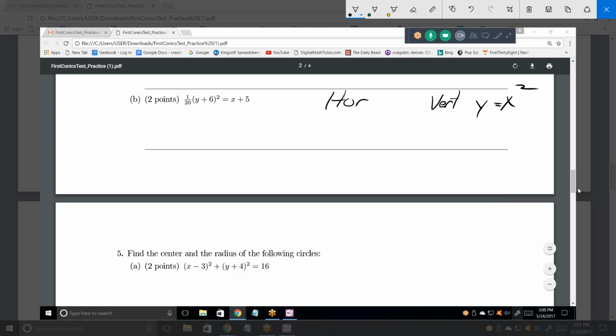Now, when I say that, I mean that's the form. It's y equals x squared or x equals y squared. That form is x equals y squared, and that's horizontal.